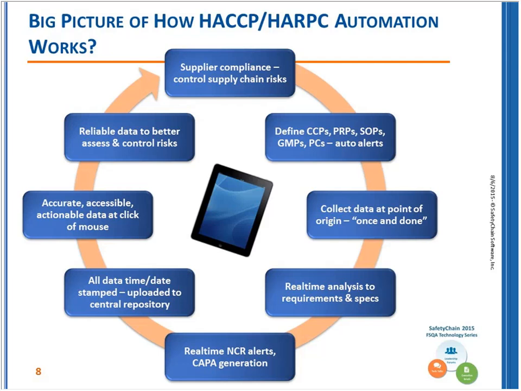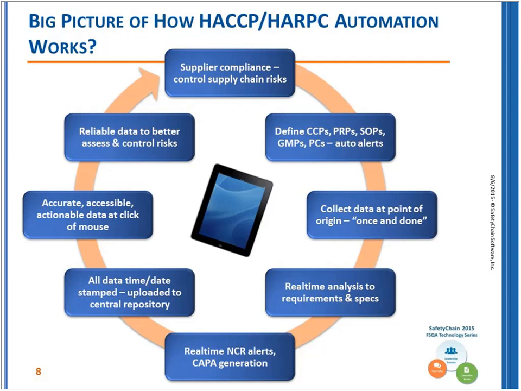There's the ability to analyze that data in real time according to your requirements and specs, so that you're finding non-compliances and getting NCR alerts at the earliest point possible, so you can generate timely CAPA and not send non-compliant materials to the next point in your chain or into commerce.